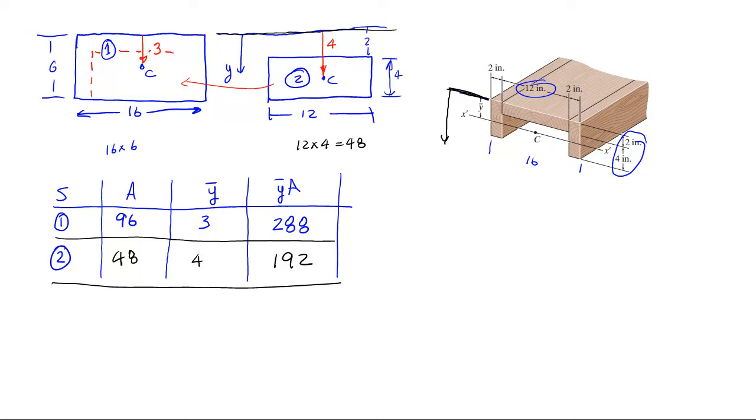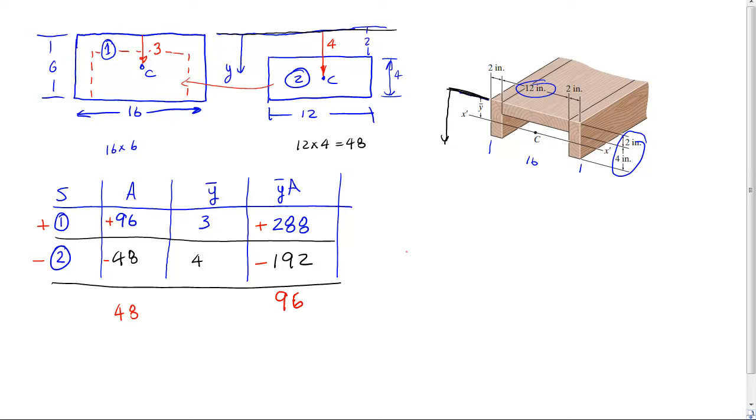Taking this area out. So I'm subtracting off section 2. I'm adding section 1. So all I have to do is this, gives me 48. 288 minus 192 gives me 96.